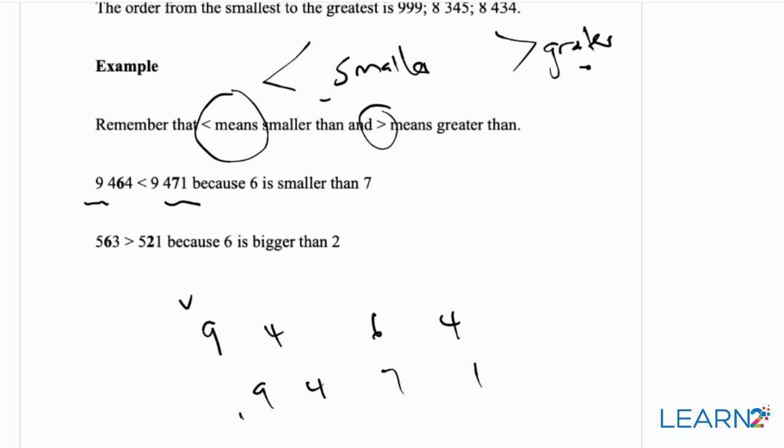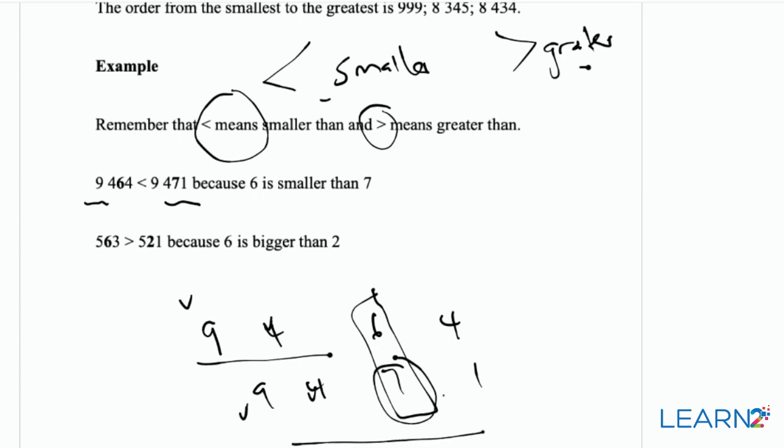Well, the 9s are the same, the 4s are the same. But when we compare 6 to 7, we know that the one with the 7 is bigger, which means this number is smaller than this number. How do we write that? 9464 is smaller than, we use this sign, 9471.